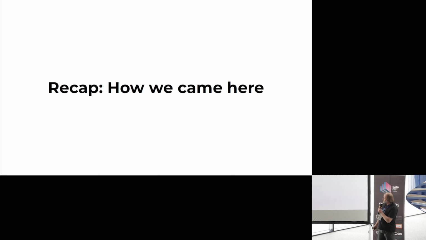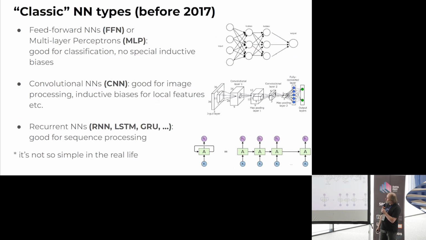So let's start with a recap of how we came here. The common knowledge just 5 years ago was that there are 3 basic architectures: feed-forward neural networks, or MLPs, multi-layer perceptrons, convolutional neural networks, CNNs, and RNNs, recurrent neural networks.